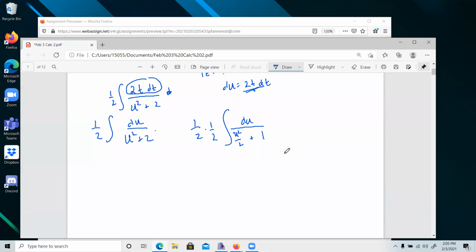All right. So one more substitution, and for me this is a pretty common technique in this particular chapter: we have to do a u substitution and then a w substitution. So what about this? We have du over, and then instead of u squared over 2, I'm going to say this is u over the square root of 2, squared, plus 1.